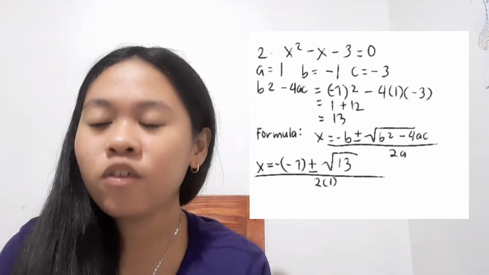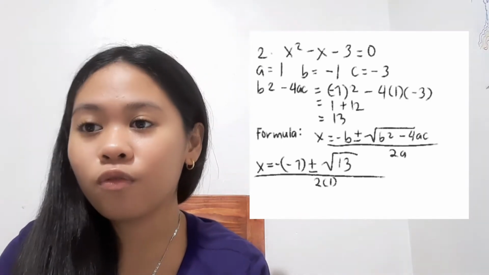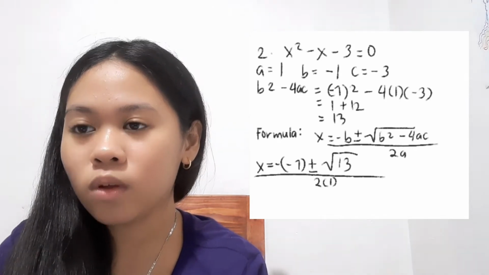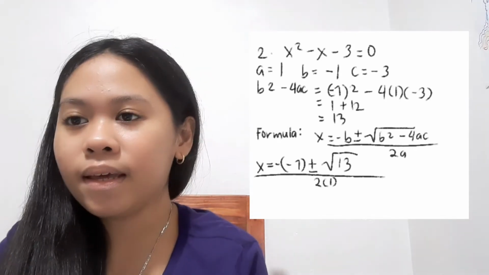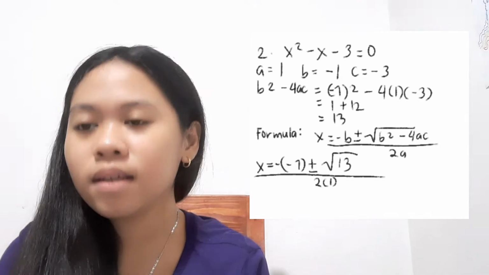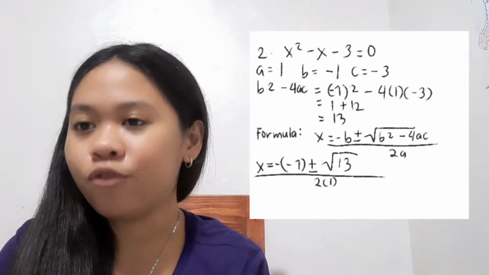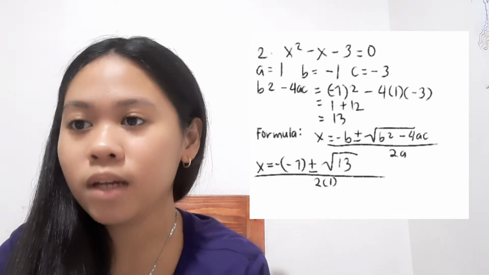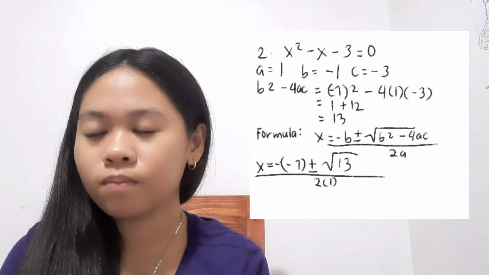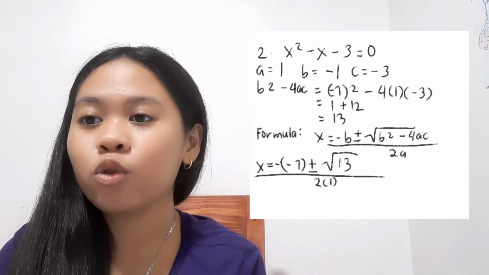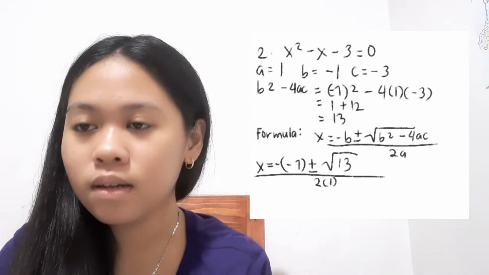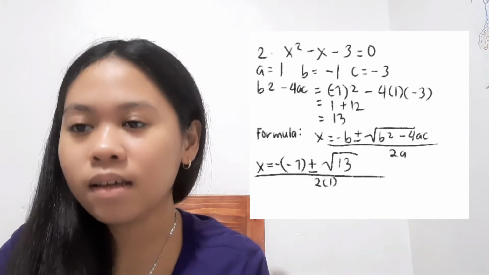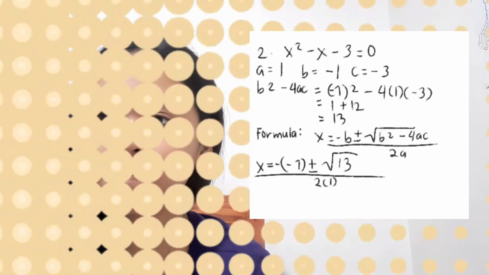Again, first we need to take all the values of a, b, and c. a is equal to 1, b is equal to negative 1, c is equal to negative 3. And now let us use our pattern b squared minus 4ac. b squared is equal to negative 1 squared, minus 4, a is equal to 1, and c is equal to negative 3.